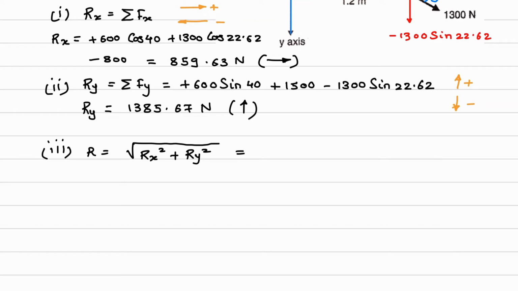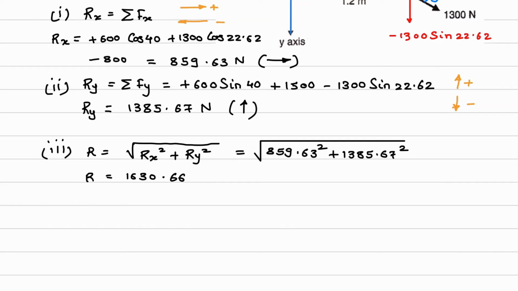This is equal to 859.63 square plus 1385.67 square. So R is equal to 1630.66 Newton.